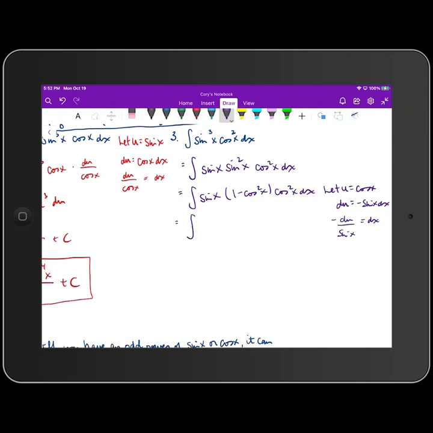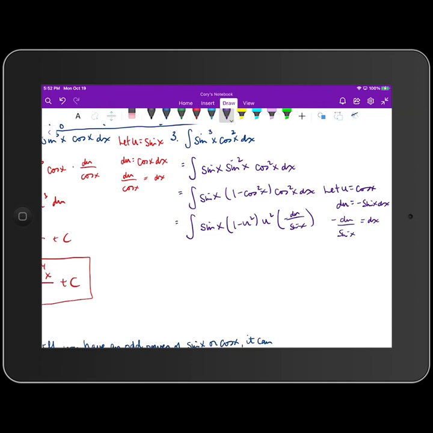So if I let u equal cosine, I'm going to be able to get this integral written in terms of u and du only, which is what we want with a u substitution. So we have the sine of x times 1 minus u squared. We're going to, again, replace cosine with u, so that's u squared. And then we're going to replace dx with negative du over the sine of x.